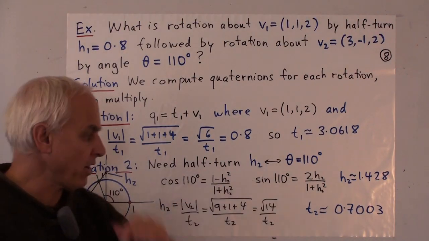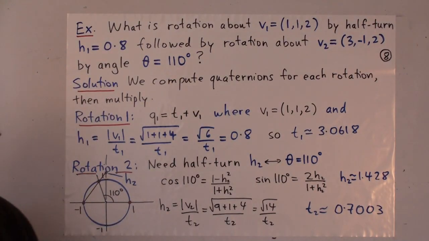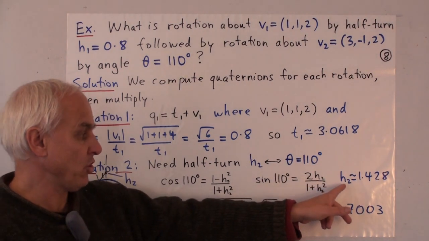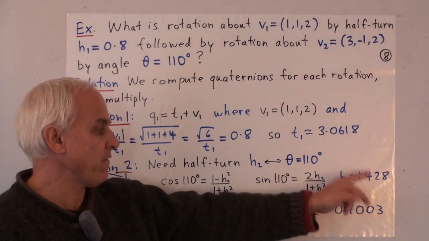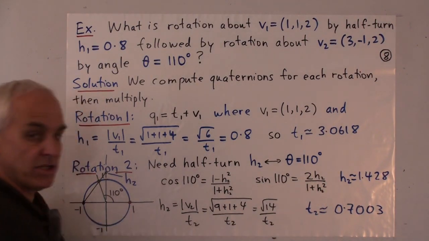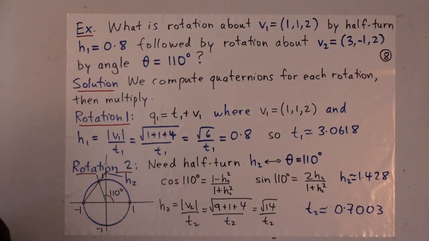So you can use either one of these to solve for h2. All right, so we do that, and we find that h2 is approximately 1.428. So somewhere in this range up here. So that's the half turn associated to this thing here.